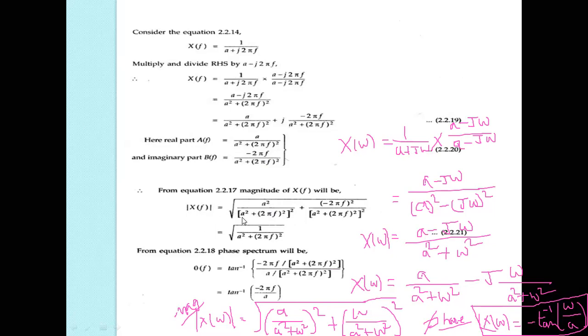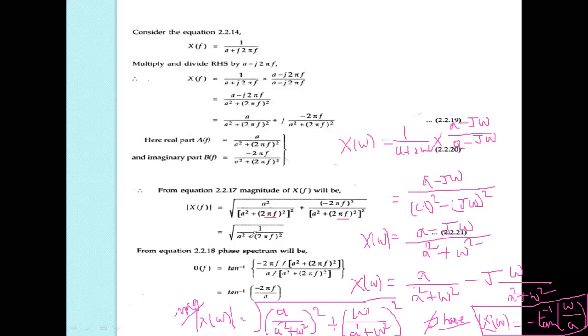For the magnitude you can see a square by a square plus omega square, whole square. Omega is nothing but 2 pi f here. Minus whole square is always a positive value only. Omega becomes 2 pi f whole square and the denominator is a square plus omega square.